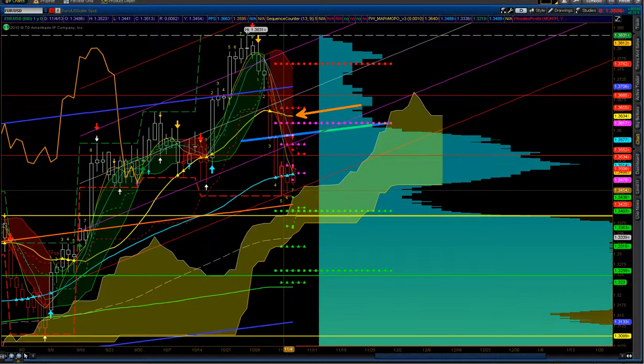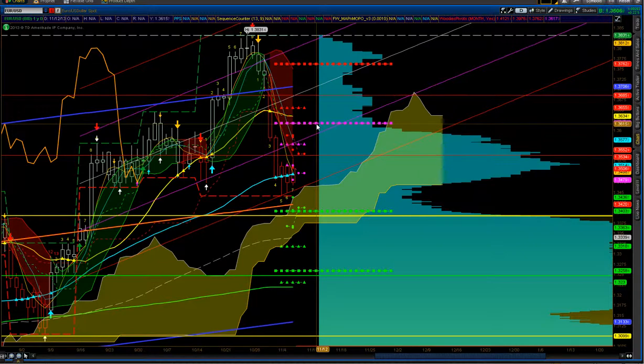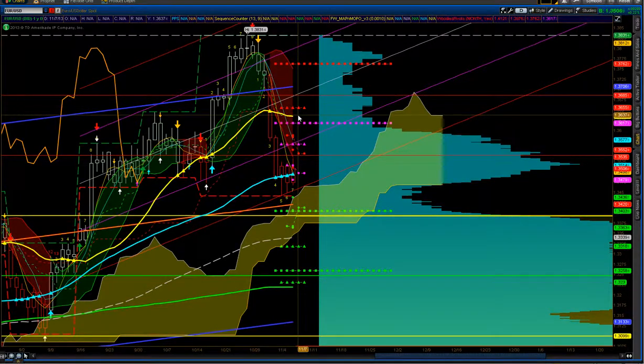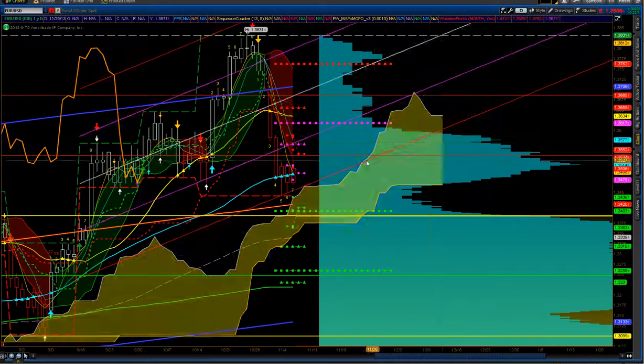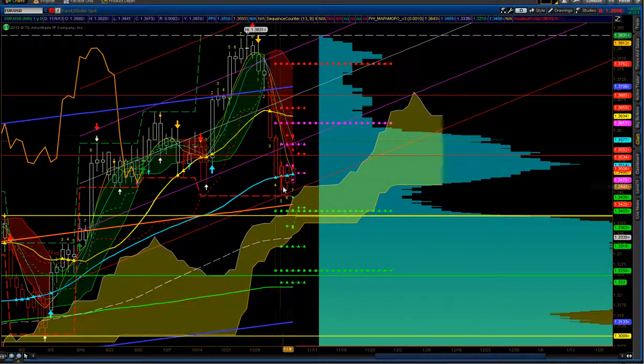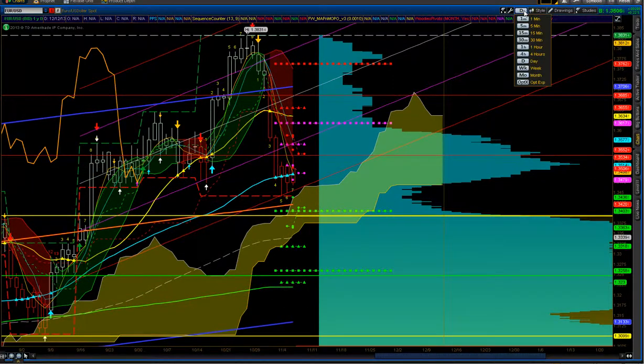You've got PPS monthly right here, that's like a 36.15, and you've got the R1 monthly 37.61. And you've got your 20, which is at 36.37, 34 around there. So that's that on the daily. So you're still bullish. You just got a little pullback, and if you can stay above the 50, it could continue going higher. So we'll see.